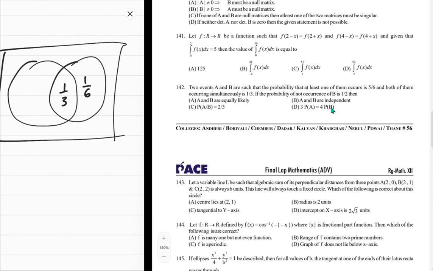And they said the probability of both occurring, what was it? 5/6. So this is like 3/6 already done, so 2/6, that's 1/3 is over here. Done. Then A and B are equally likely. Look, this whole is 2/3 probability, and this is not the same, so no, A is wrong.